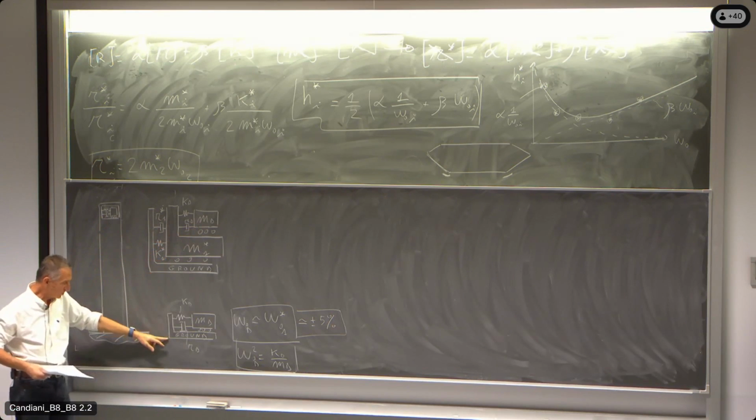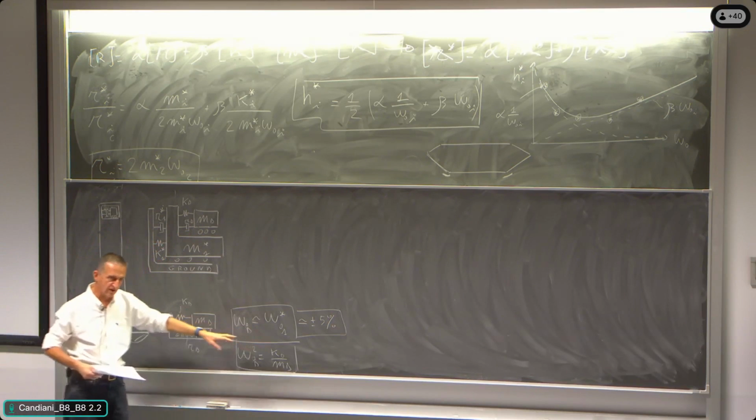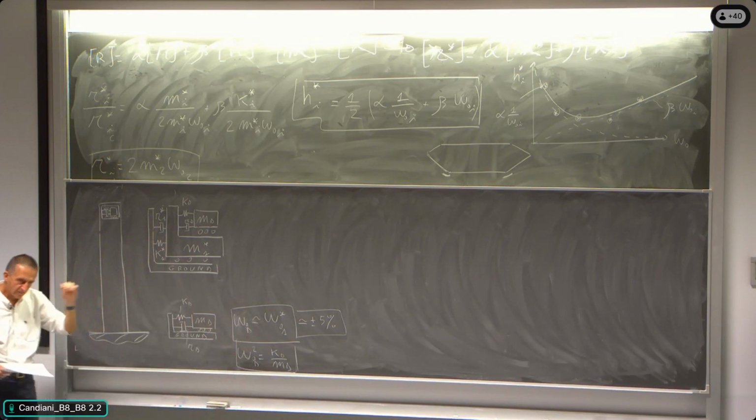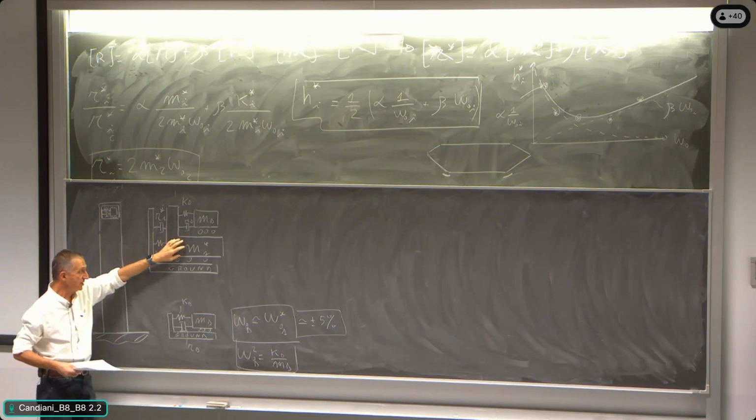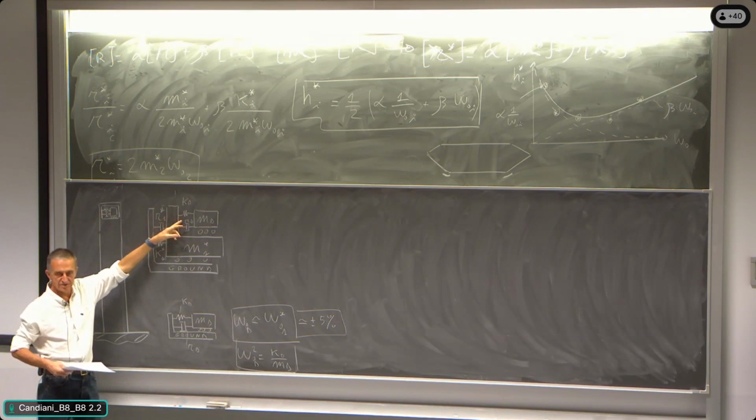This damper, if it was connected to ground, has a frequency that is very, very similar to the natural frequency that we want to protect, plus or minus 5%, very, very close, incredibly close. So that when the first mode of the structure is vibrating, it makes the tuned mass damper resonant.